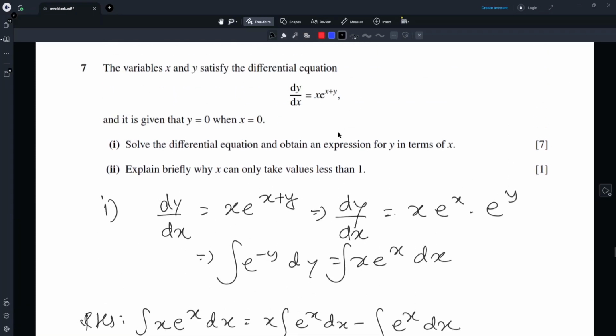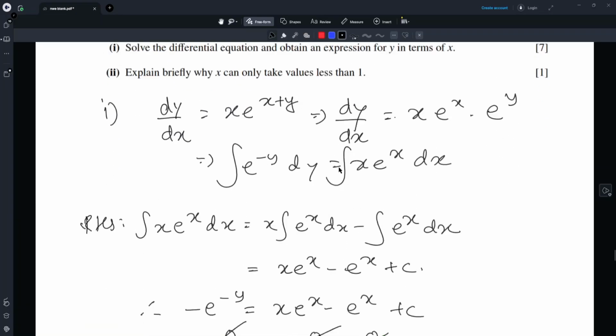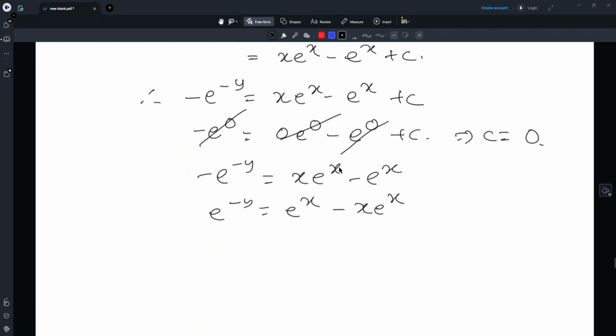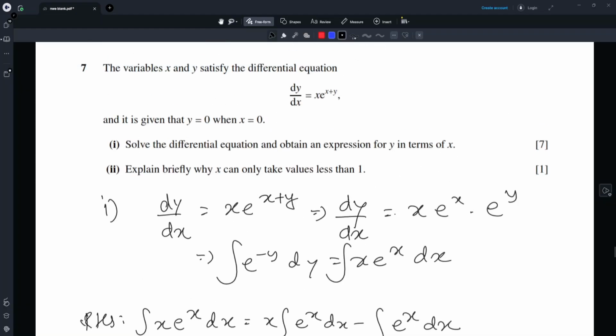Then it says to explain briefly why x can only take values less than 1. Now, if we notice here, we have e to the power minus y there.